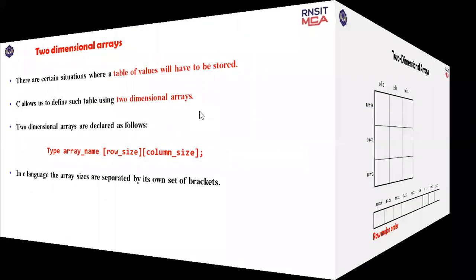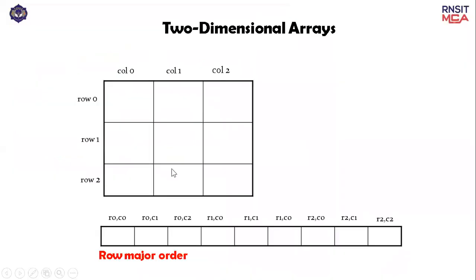Suppose we create an array of 3 cross 3. You can see it is created, with 3 rows and 3 columns. Now, in fact, memory is continuous, so how exactly is it stored? It will say row 0, column 0 is the first cell, then row 0, column 1, row 0, column 2.